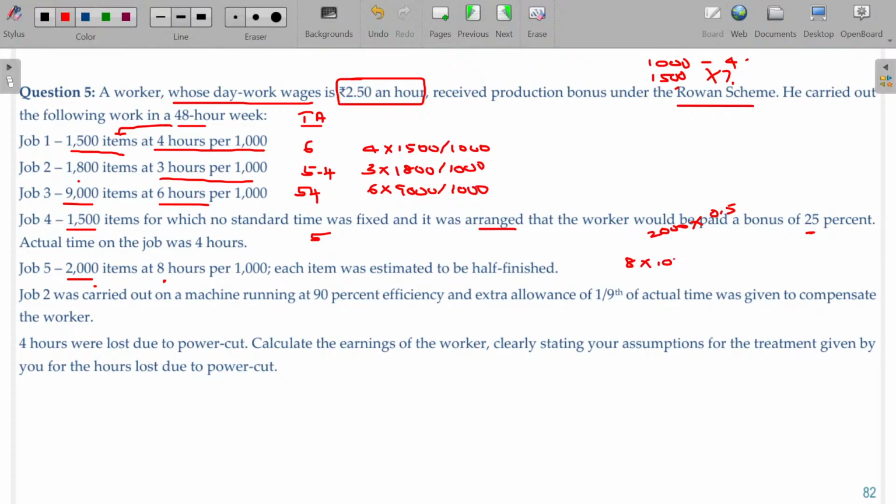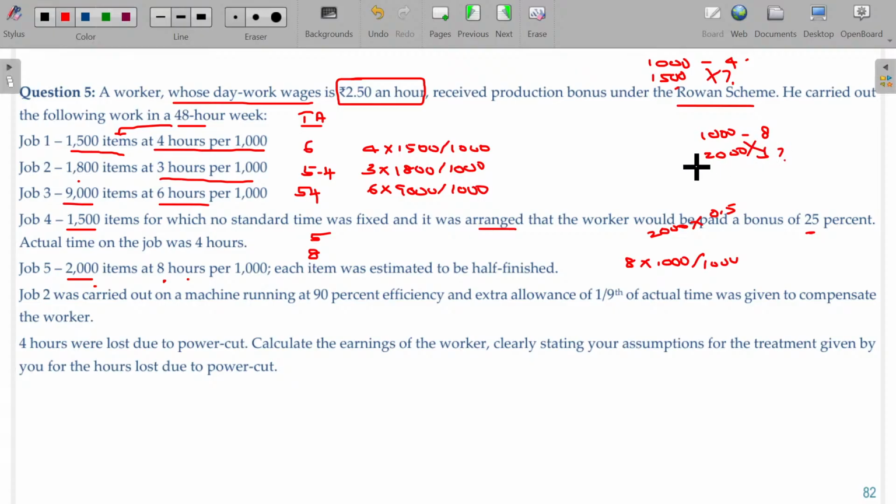Then it is equal to 1000 completed units, like 2 half units are considered as 1 full unit. For 1000 units, the standard time being 8 hours. So the standard time in this case being 8. Is that okay? 8 hours per 1000. But actual being 2000.